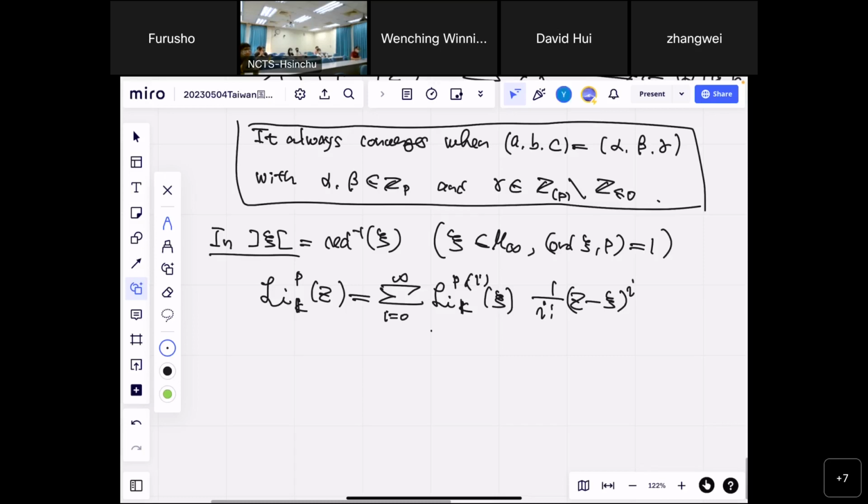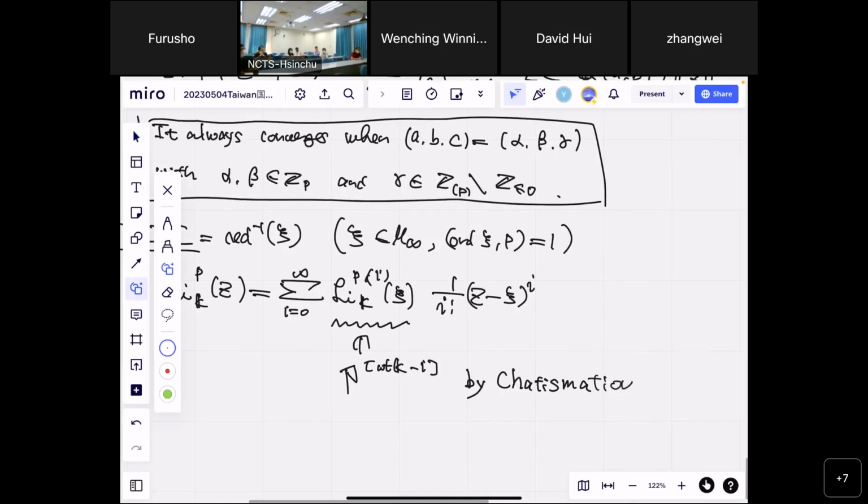And what's important is that you can show that this belongs to the PD ideal power, K minus I. This is a result shown by Kajismachi, another one of the people who works on p-adic multiple polylogarithms.